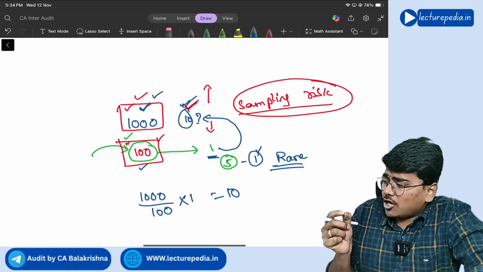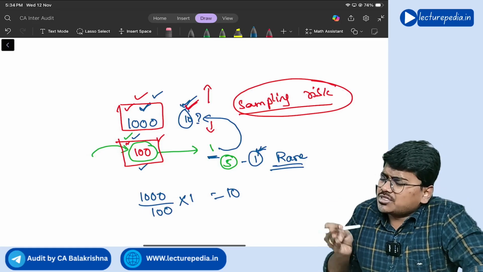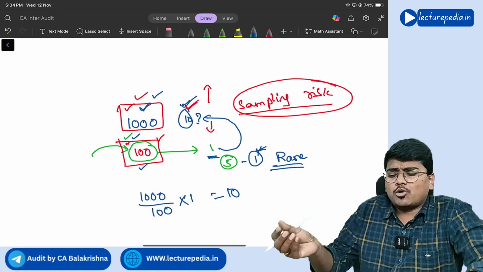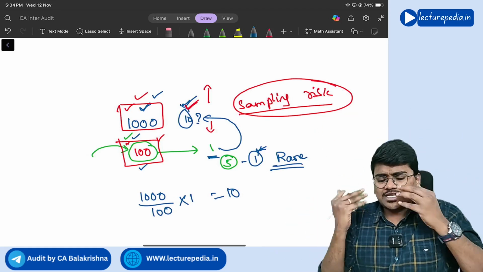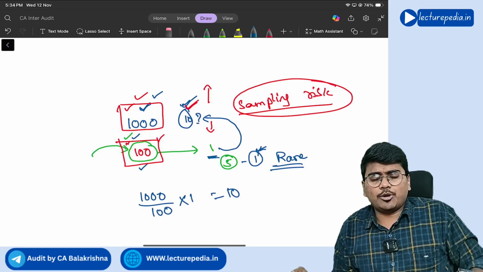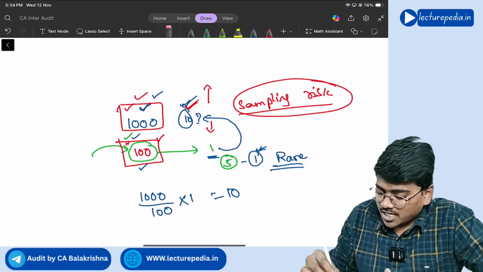You have found a particular misstatement in the sample, and that misstatement is so rare that it is found only in the sample. If you search the entire population, for sure you will not find such a kind of misstatement. So such a type of misstatement is known as anomaly.